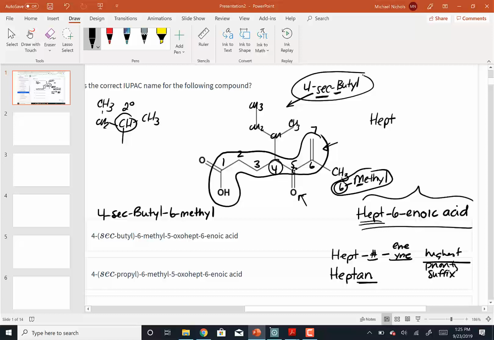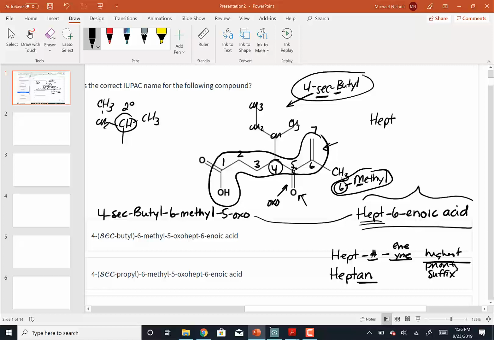They then move that ketone, which is now an oxo group, to the alphabetized list of substituents, which fortunately comes after M. So now it would be a 5-oxohept-6-enoic acid.